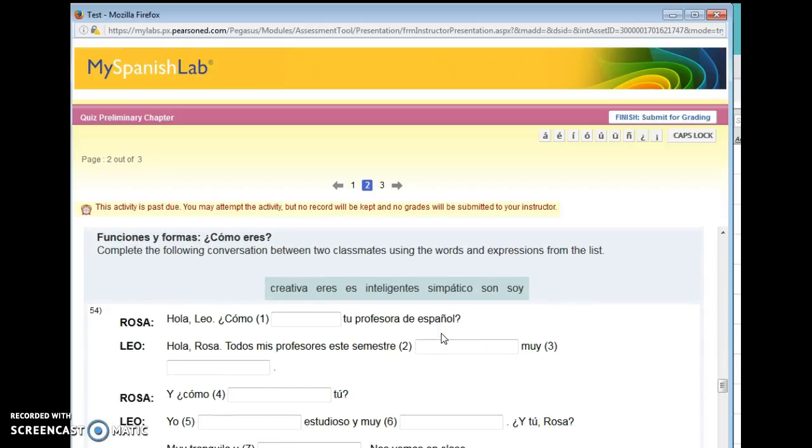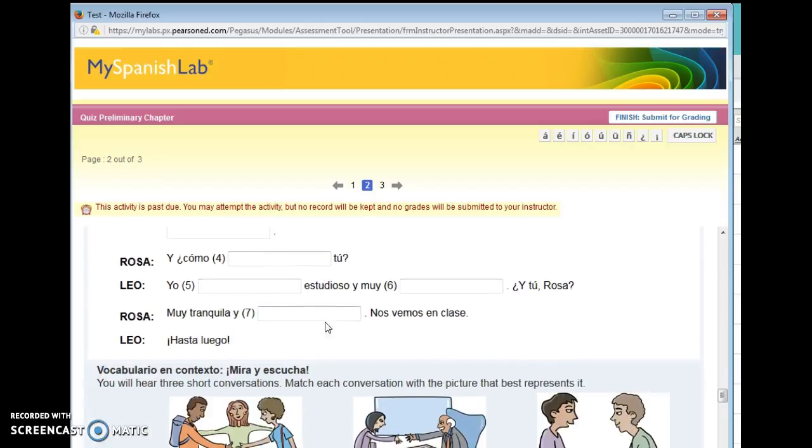And this dialogue, now this was a little bit tricky. You had to maybe do it by process of elimination. But by process of elimination you could probably figure it out, even if you didn't know all of them. So this is Rosa and Leo.